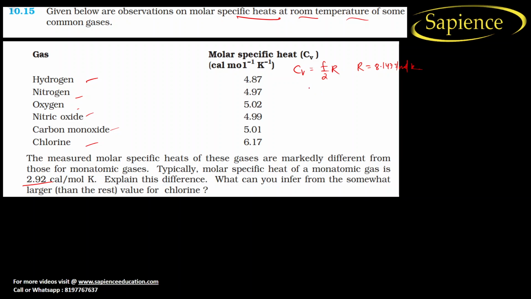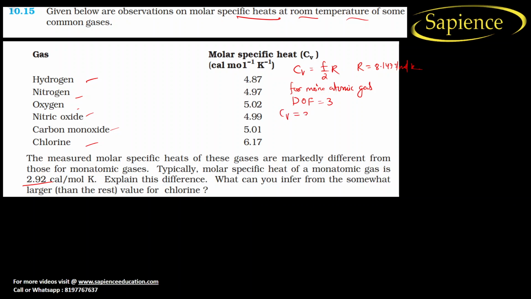Okay. So this is the value of R. Now for a monoatomic gas, the degree of freedom is equal to 3 only. So from here we can find Cv.